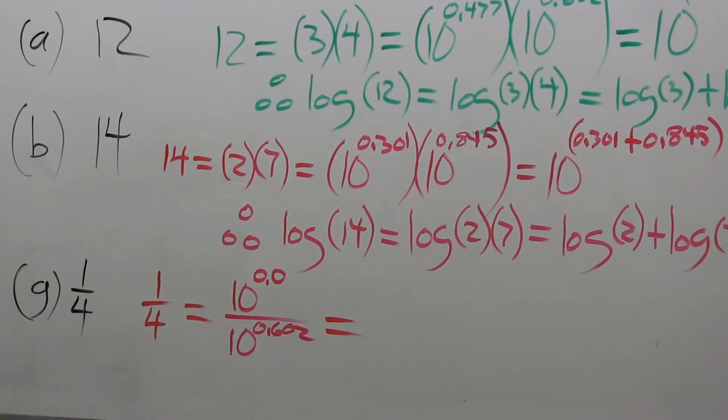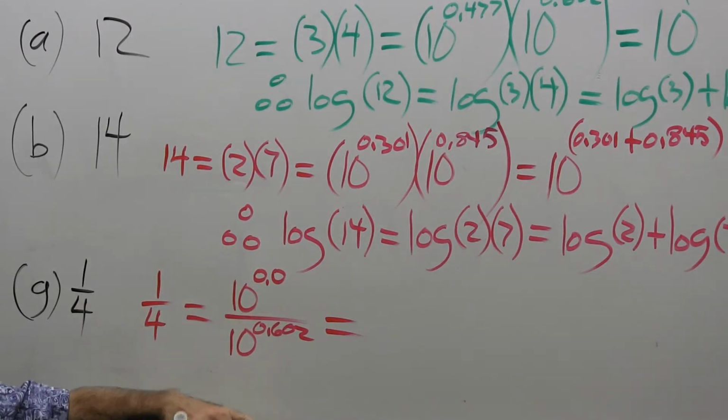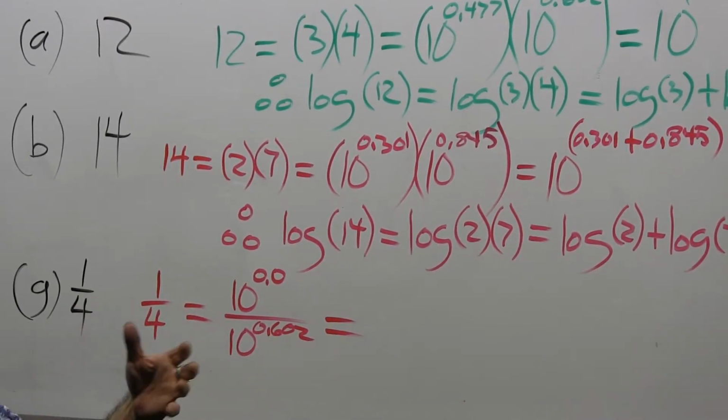Okay, now we have to take into account what do I do when I divide two exponential numbers with a common base. And this comes down to what I've been saying all along, knowing when to add and when to multiply.